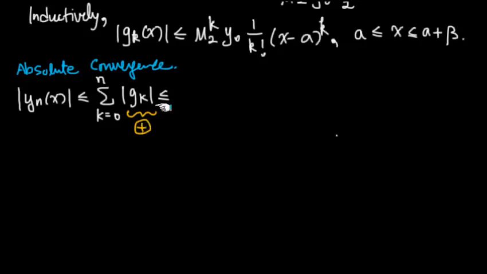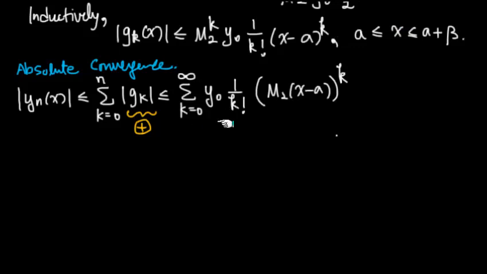So let's replace the gk with this upper bound here, which is this one. Again, this absolute value of y0 is the correct one. So with k factorial, you can put this m2 kth power and x minus a kth power together like this. If you think about it as k factorial and the power of something, this is exactly the series expansion of the exponential function. Again, with the correct term, absolute value y0, this would be correct.